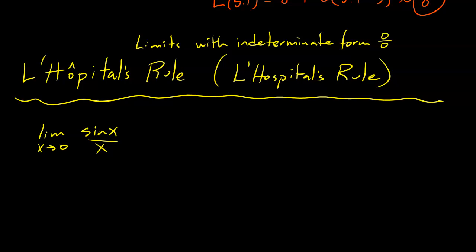So 0 over 0, infinity over infinity. There's actually a lot of other ways that an indeterminate can be written, but those are the two we focus on because they happen the most. So it's an indeterminate form, like something you can't figure out. Okay?